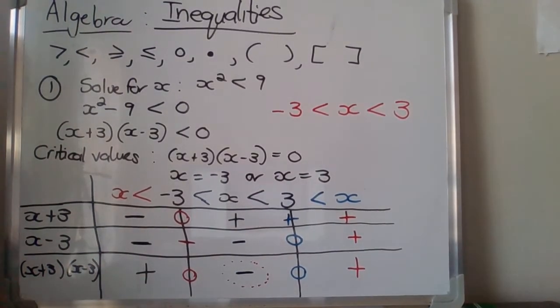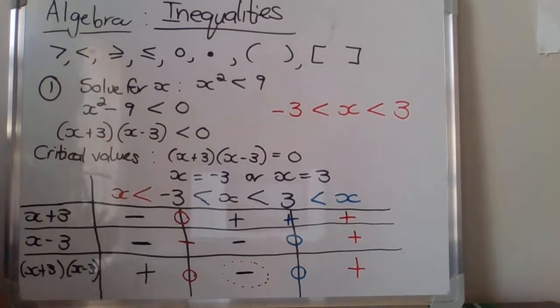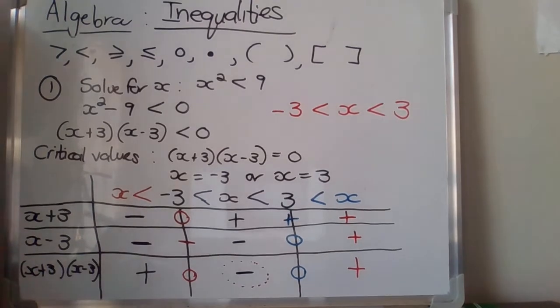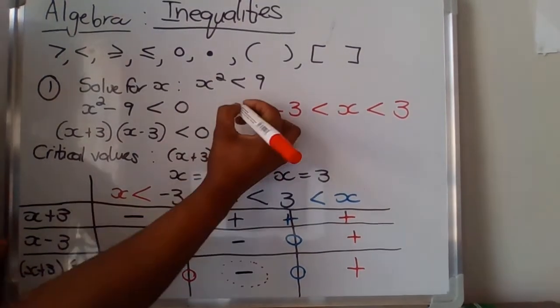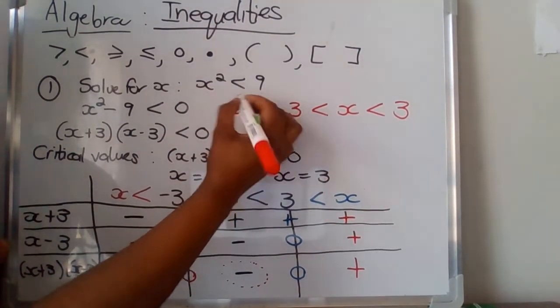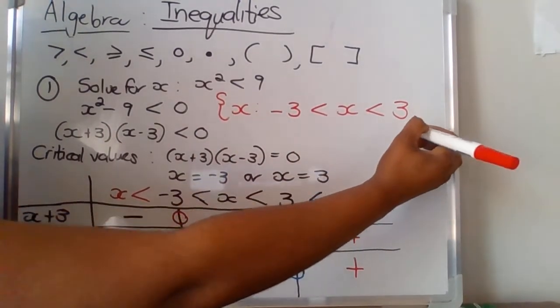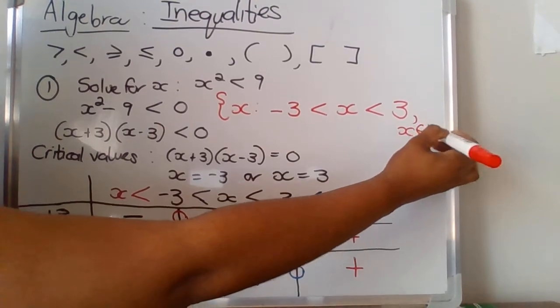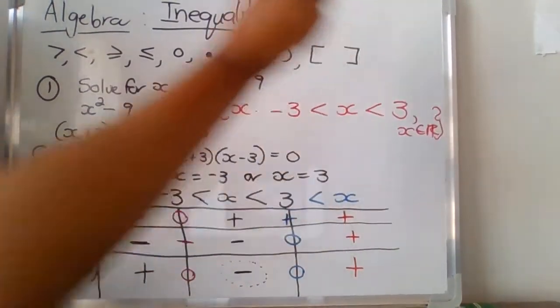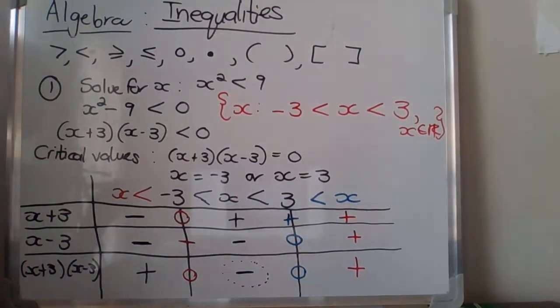Okay, now when it comes to representing your answers, the way that I wrote it here is what we refer to as set builder notation. Actually, the correct way of writing it is like this, where you say x is an element of the real numbers. That's how you would write it in set builder notation.